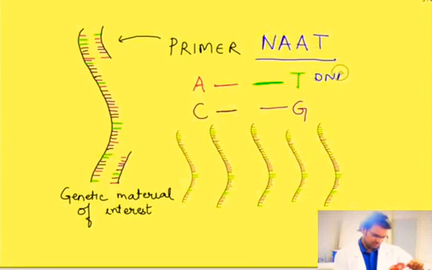For DNA viruses, we may use polymerase chain reaction, which amplifies the amount of DNA. And for RNA viruses, we use reverse transcriptase polymerase chain reaction, which converts the RNA into its complementary DNA and then detects the presence of this complementary DNA.